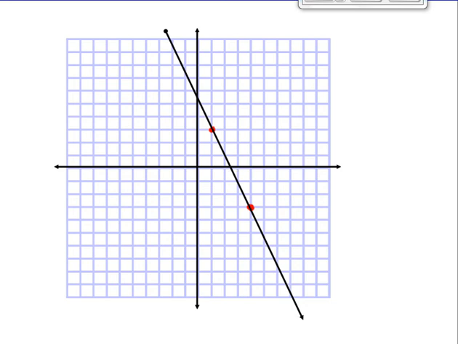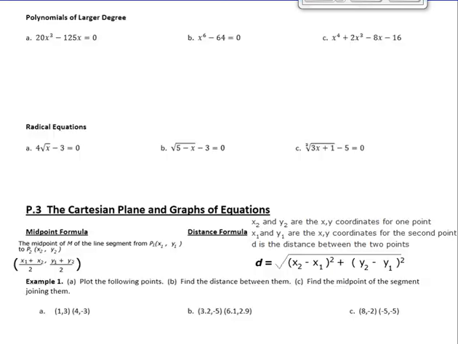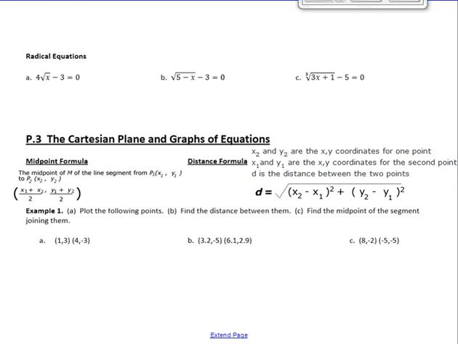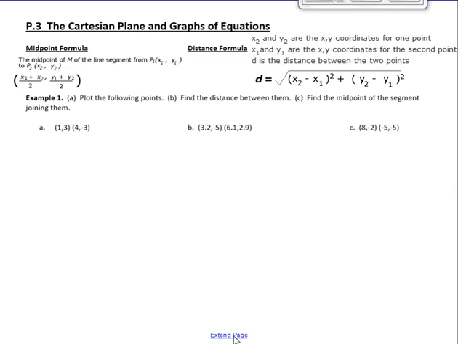So there's the line. We plotted the points, drew the line on there, took a look at those two things on the coordinate graph. Second thing, find the distance between them. Well, in order to find the distance between them, we need to use the distance formula. So here's the distance formula. Let's use it.